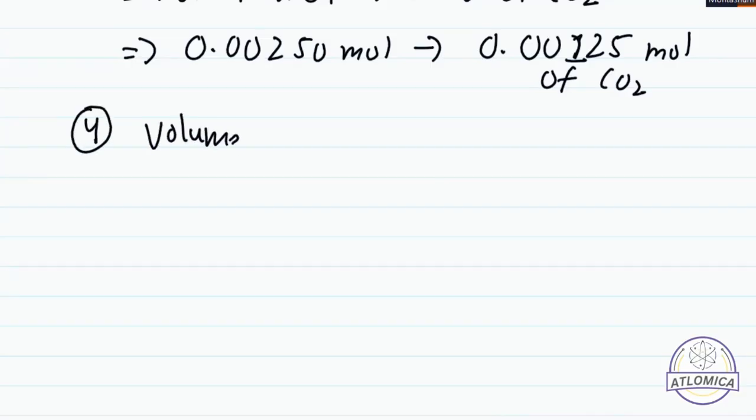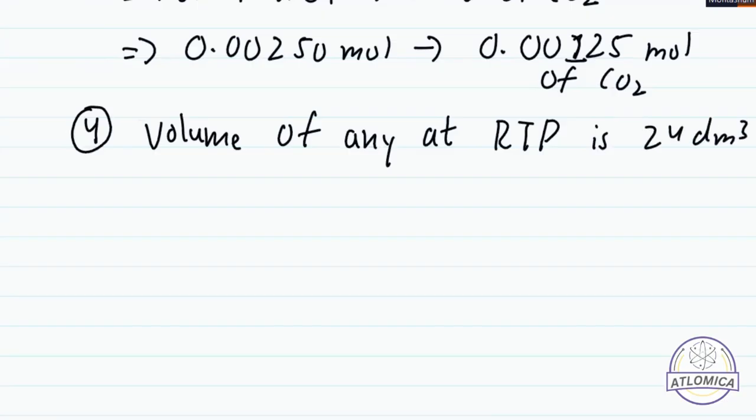Volume of any gas at RTP is 24 dm³. So our moles must be multiplied by 24 dm³ per mole: 0.00125 moles times 24.